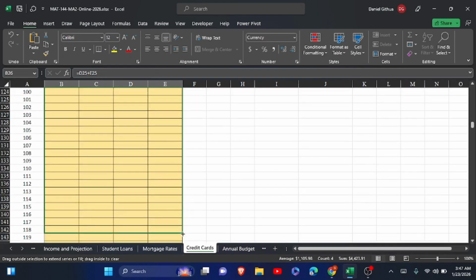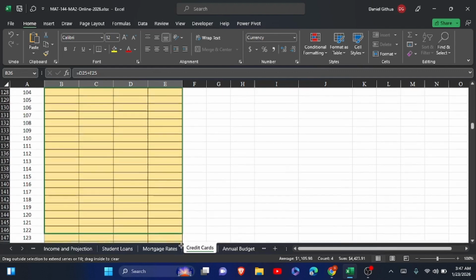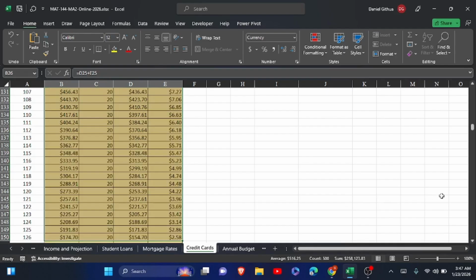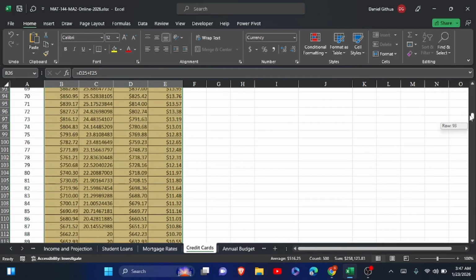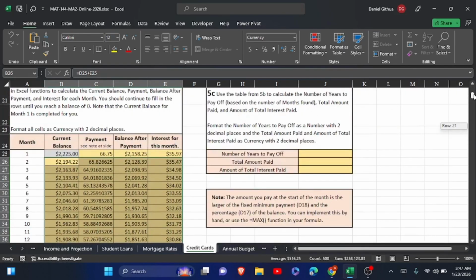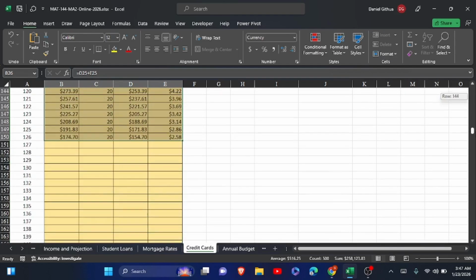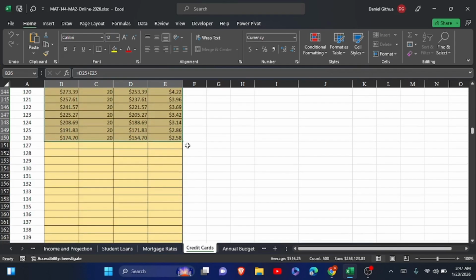We drag down until a point where we see the current balance to be 6.75 or almost, so it should be 66 point something. You drag slowly, step by step, and we can stop there.